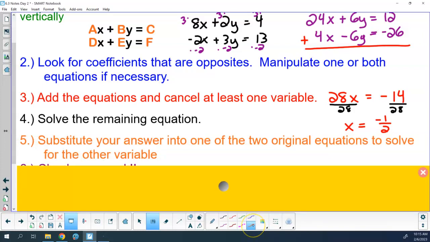So that would be 8 times negative 1/2 plus 2y equals 4. What is 8 times negative 1/2? Negative 4. Negative 4 plus 2y equals 4.